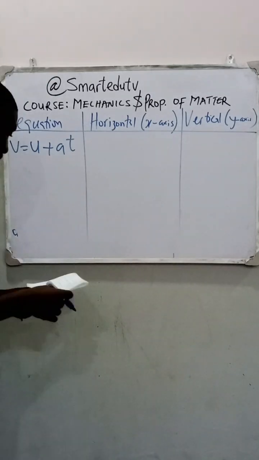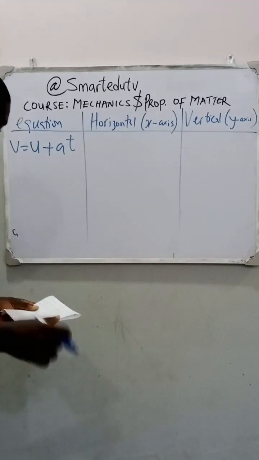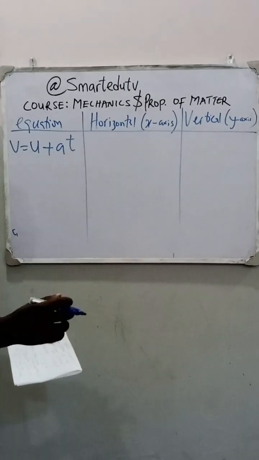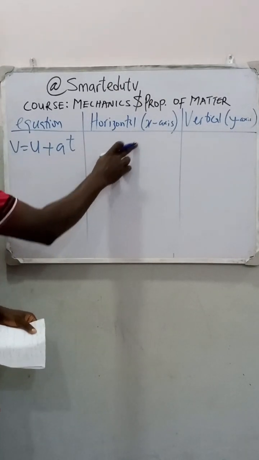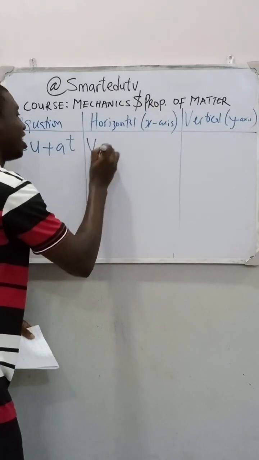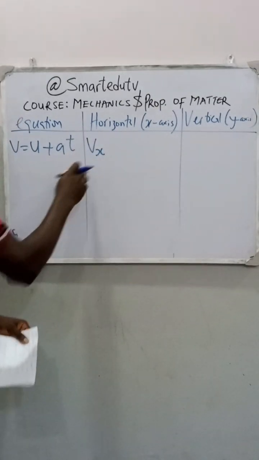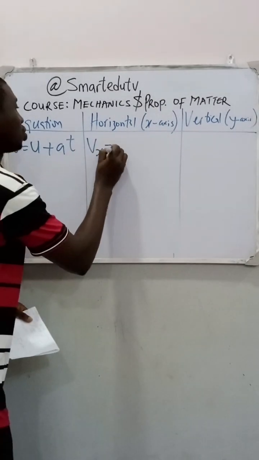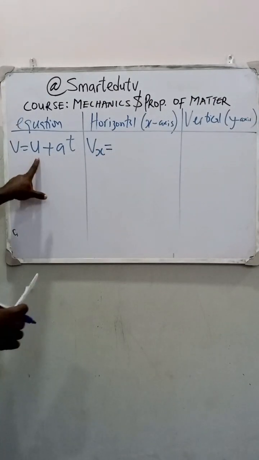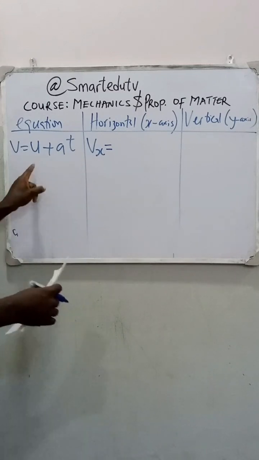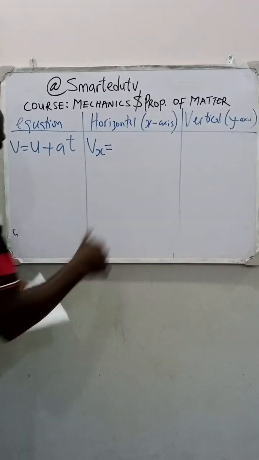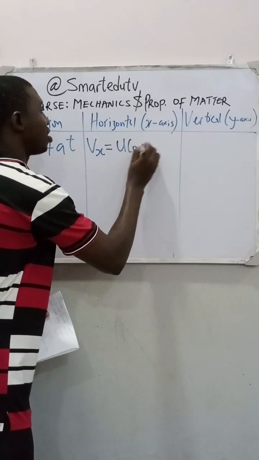Let's see what happens along the horizontal component. Don't forget, our v along the x-axis becomes Vx, to show that the v is along the x-axis, equal to u. Resolving u along the x-axis becomes u cos theta.